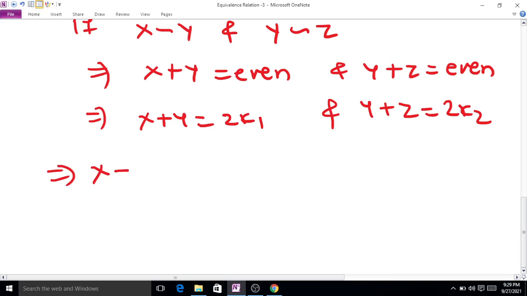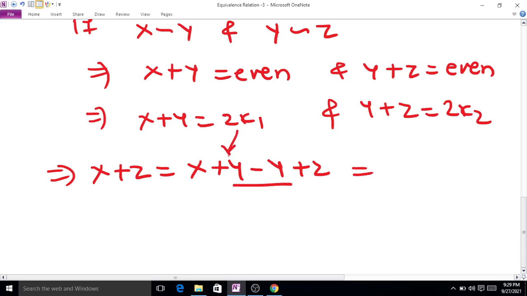Now, consider x plus z. Then x plus z is equal to (x plus y) plus (y plus z) minus twice y. We add and subtract y. From the first equation, x plus y is equal to twice k1, and from the second equation, y plus z is equal to twice k2.